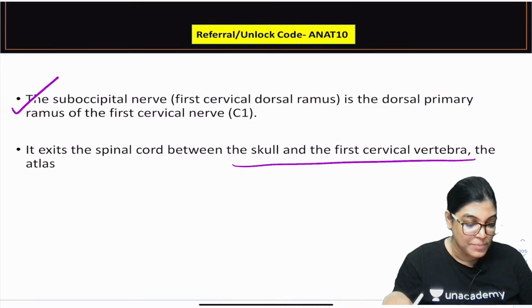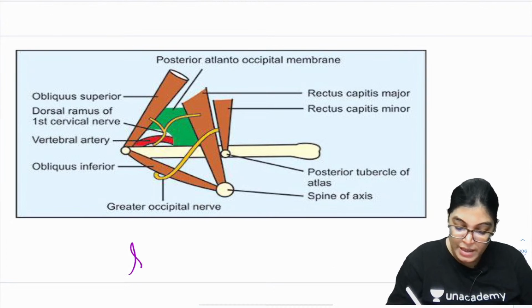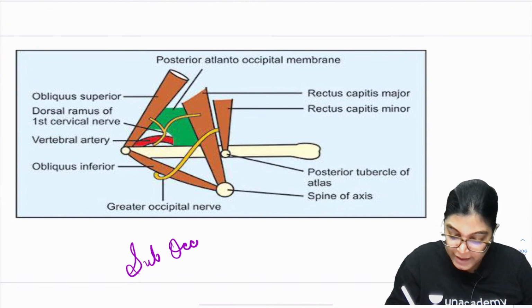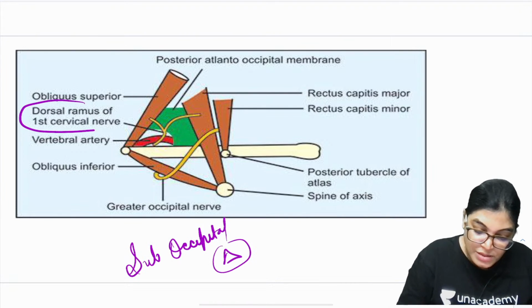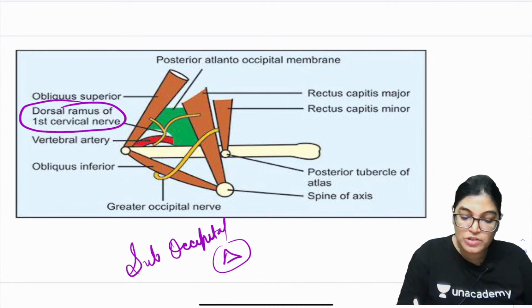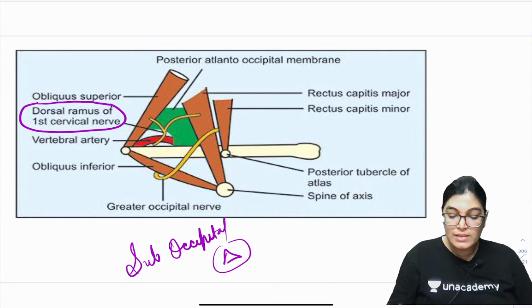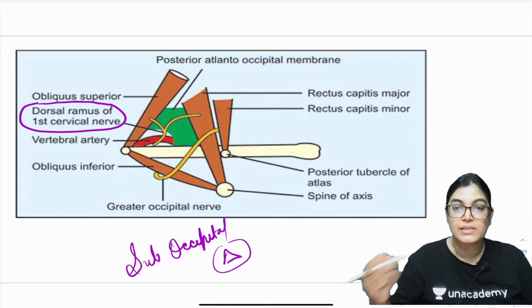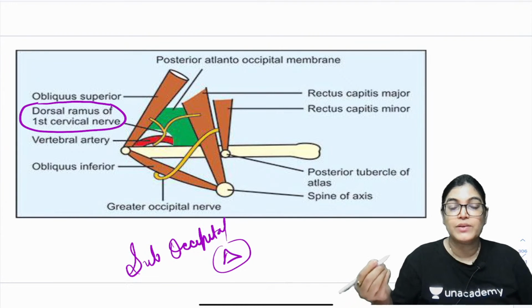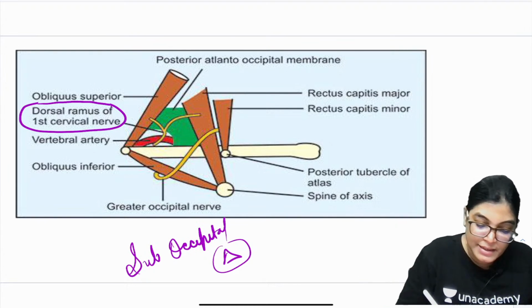What is it doing? It is supplying the muscles of the suboccipital region. Here you can see it's an important content of the suboccipital triangle. The dorsal ramus of the first cervical nerve emerges in the suboccipital triangle and supplies the muscles in the vicinity. It innervates rectus capitis posterior major, obliquus capitis superior and inferior.